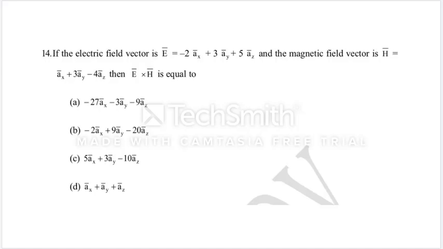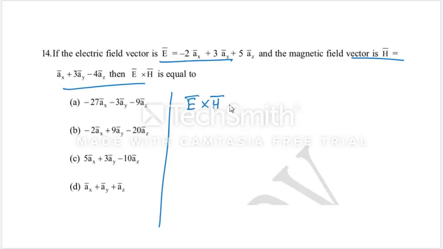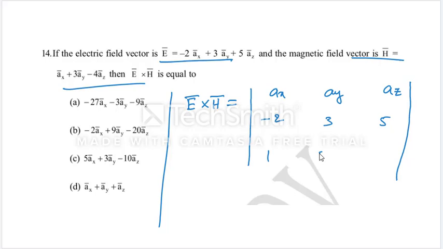Next problem. If the electric E is given and H is given, they ask him to find E cross H. So no need to know what is E, what is H. Simply find E cross H only na. We just want to find E cross H. So find out this thing here. Ax, Ay, Az. So this is minus 2, 3, 5, 1, 3, minus 4.